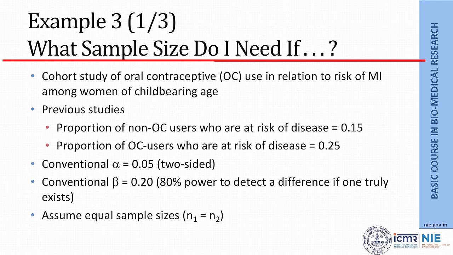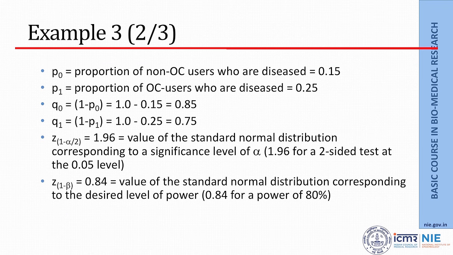if it truly exists, and assume that you are going to have equal sample sizes for your users and non-users. Then the formula is obtained using the following parameters. P naught is the proportion of non-OC users who are diseased, which is 0.15. P1 is the proportion of OC users who are diseased, which is 0.25, and your Q naught, which is the complement of P naught, is 0.85.